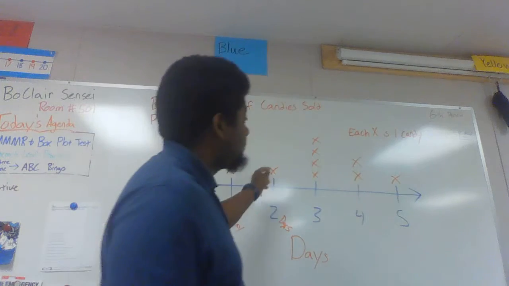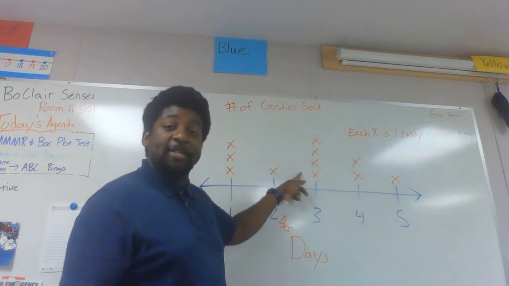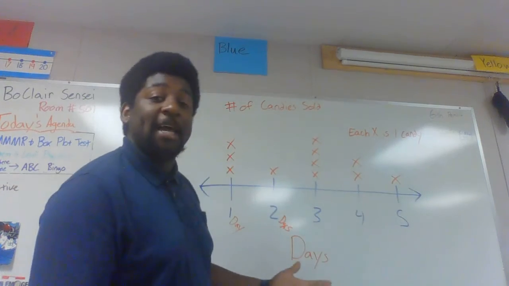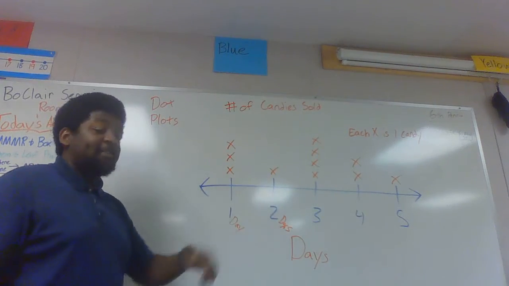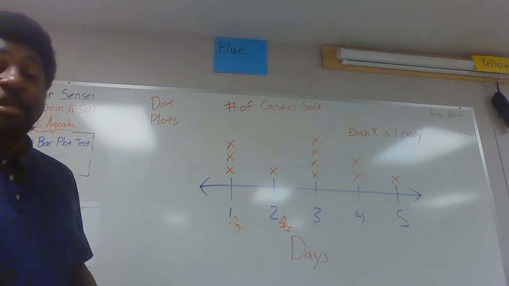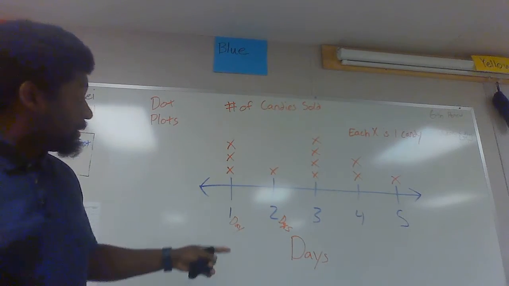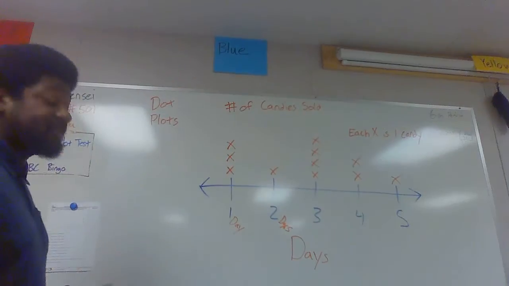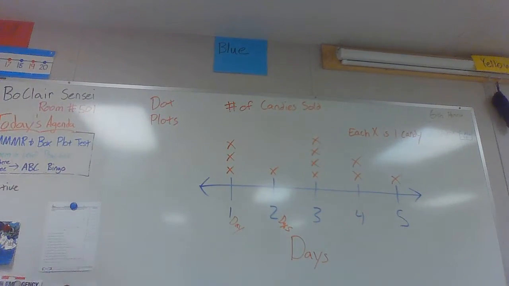That's still at least one. Here I sold 4. That's still at least one. And the same thing for both of these. So I sold at least one candy for 5 days. Also, based on our graph, you could tell me how many days did I sell candy. 1, 2, 3, 4, 5 is the last one shown on the graph, so it must be 5 days that I sold candy.